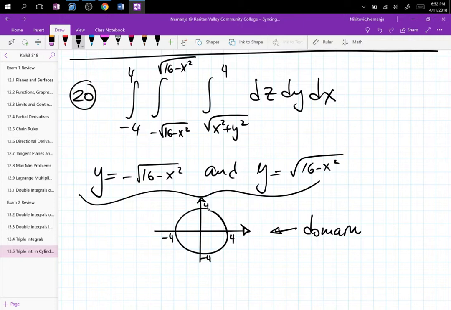Just the first quadrant. Very good. This kills the negative part of the circle, and this being 0 kills the negative 4, so you start from here. Everything below the x-axis is gone, everything to the left of the y-axis is gone, so only the first quadrant survives.